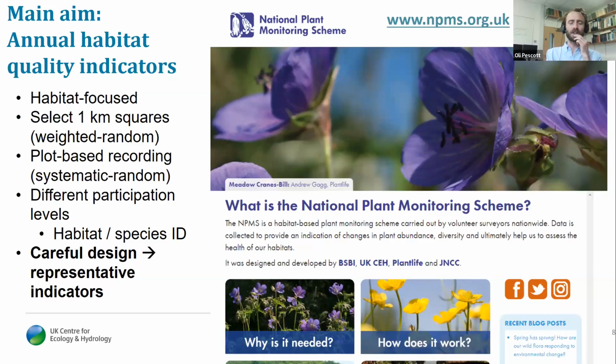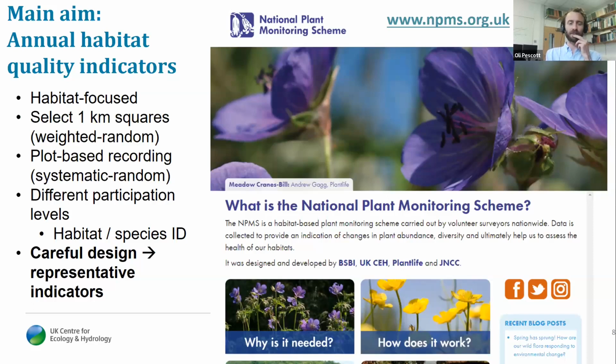So the main aim was really these annual habitat quality indicators, which again relates to that desire for the scheme to be robust and reliable at that national scale, so that when we say things to policymakers or academics or conservationists, they accept the evidence, or are more inclined to accept the evidence. And that has implications for the selection of the sites, what volunteers and surveyors do within those sites, but also we need to make it attractive.